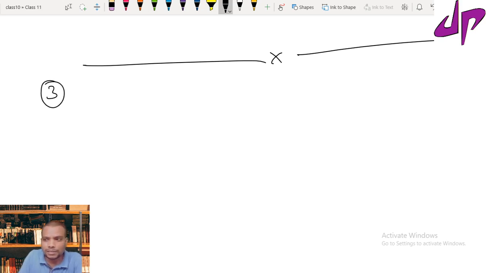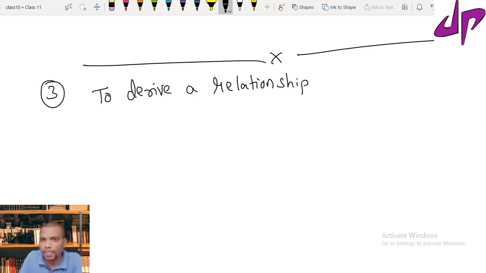The third application is to derive a relationship between different physical quantities.